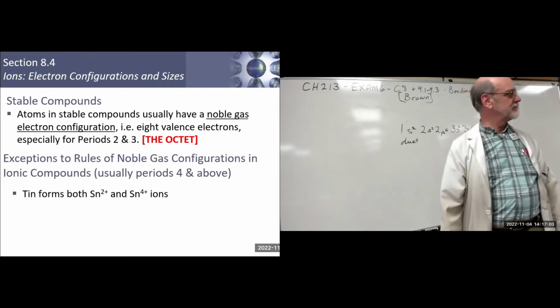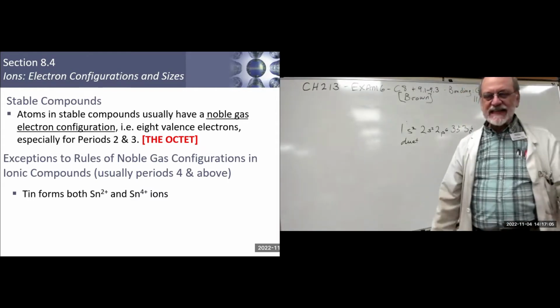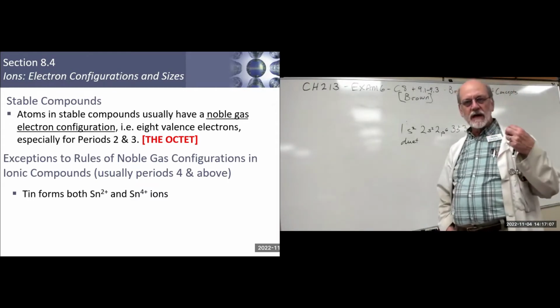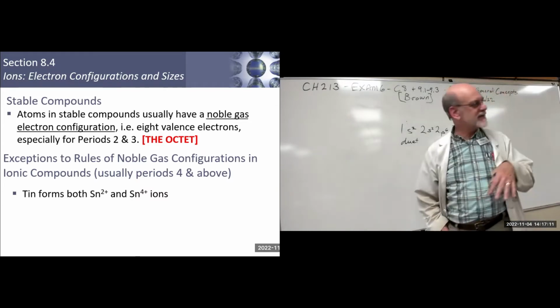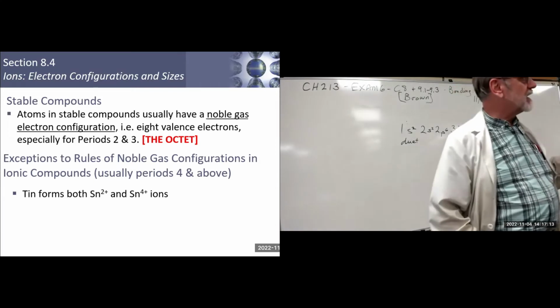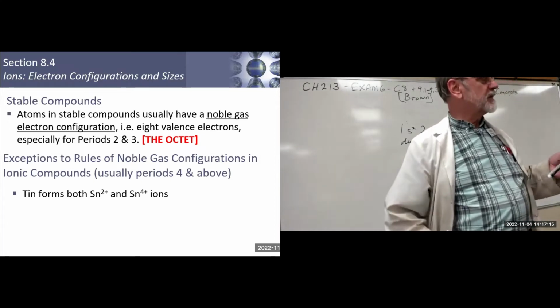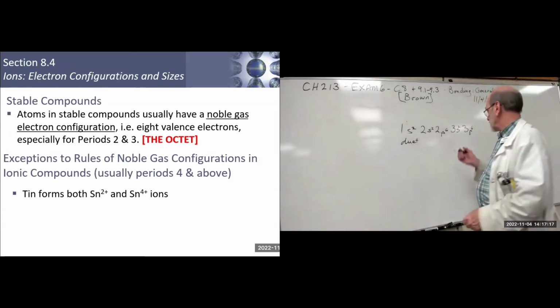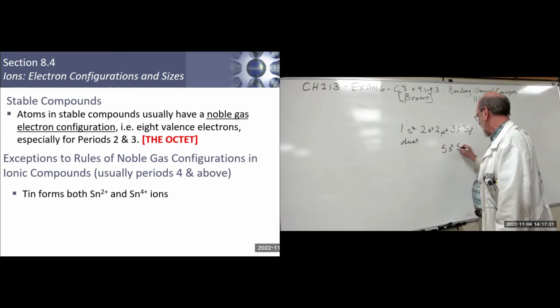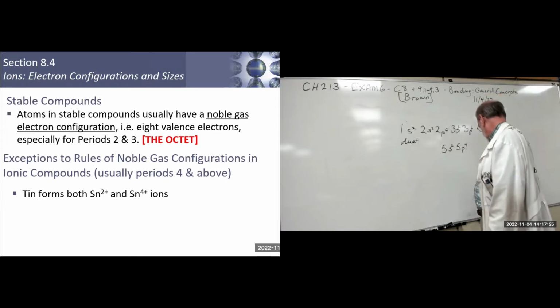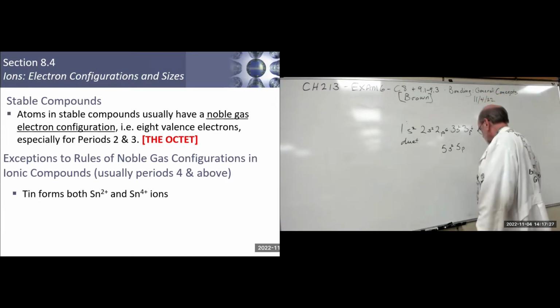Tin is known to have predominantly 2+ ions and 4+ ions. So how does it get there? Well, look where tin is. It's in the fifth period. So it has 5s2 and 5p2.